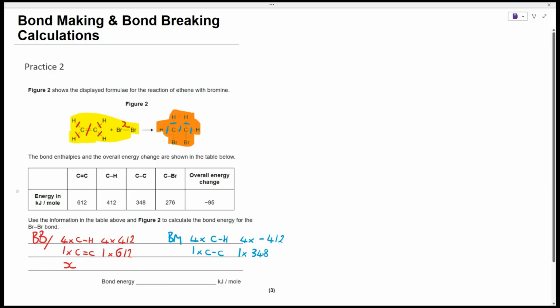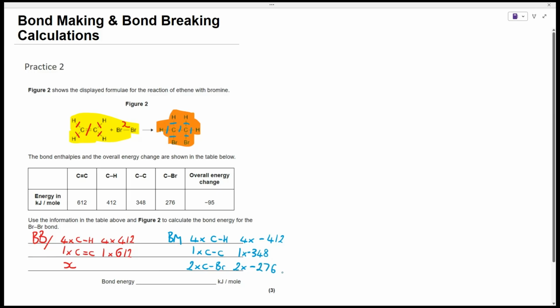Notice that a double bond is not necessarily double what a single bond would be. I forgot my minus there, so it's 1 times minus 348. And then I've got 2 carbon to bromines, which are final ones. So carbon to bromine, 2 times minus 276.